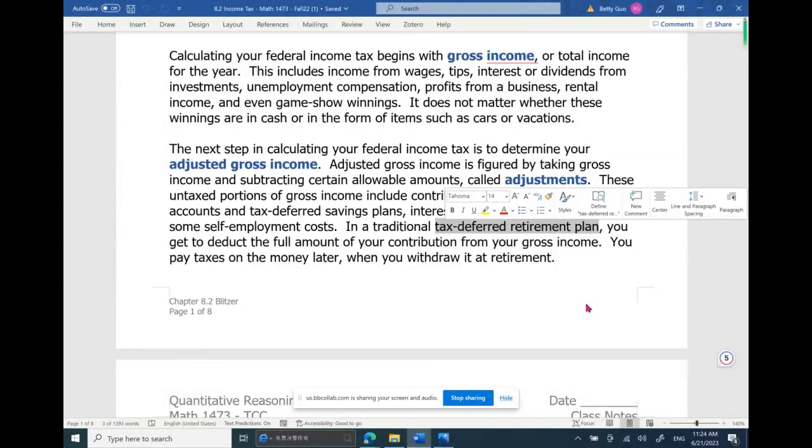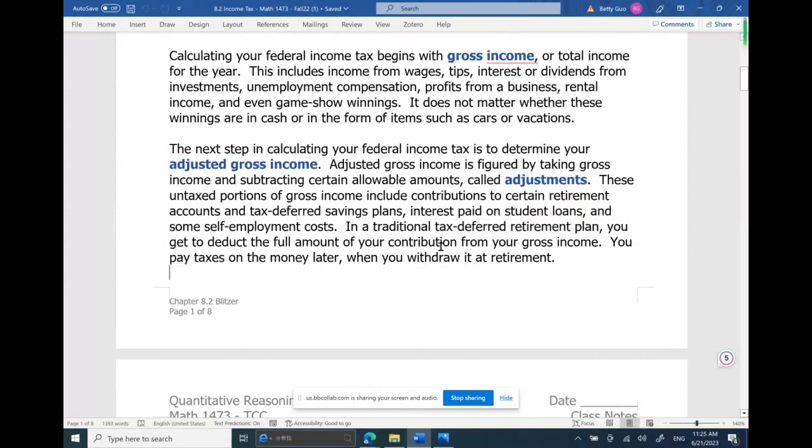But when you are older and retired, you get the money from the account and consume it, and you pay tax on top of that, because when your income is lower, the tax rate would be lower as well. That is the assumption that supports tax deferred accounts.